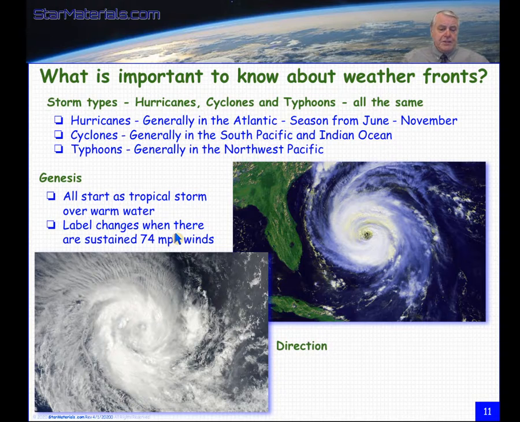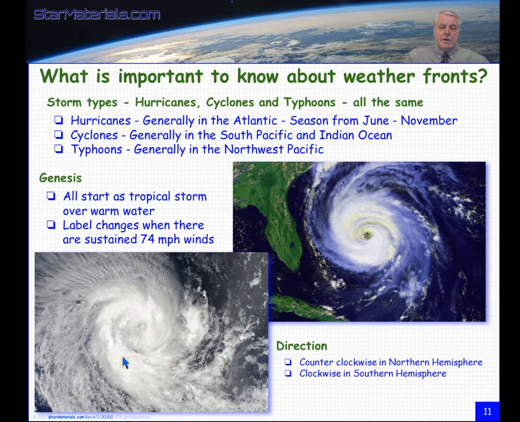Now the direction. They're counterclockwise in the northern hemisphere. They go this way in the northern hemisphere and clockwise in the southern hemisphere. And a different direction is due to the Earth's rotation, and we call this the Coriolis effect.